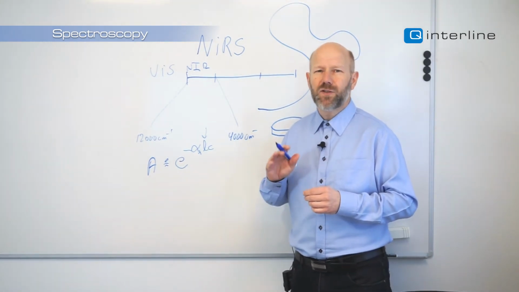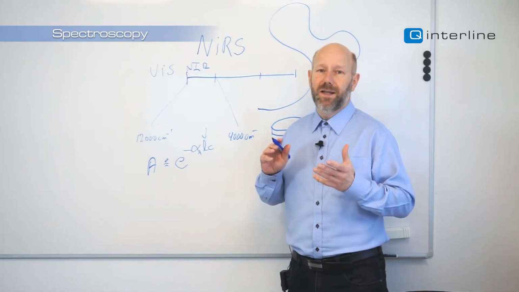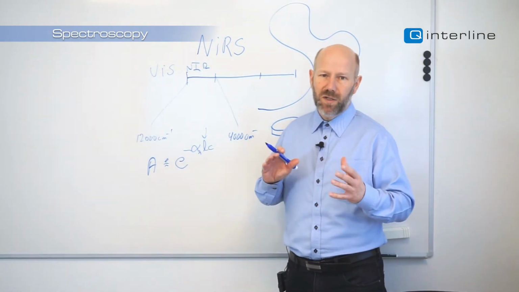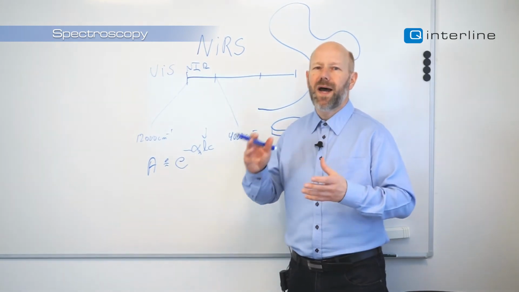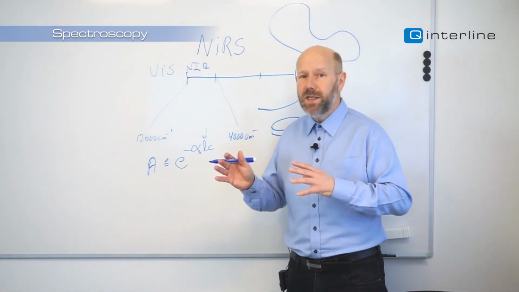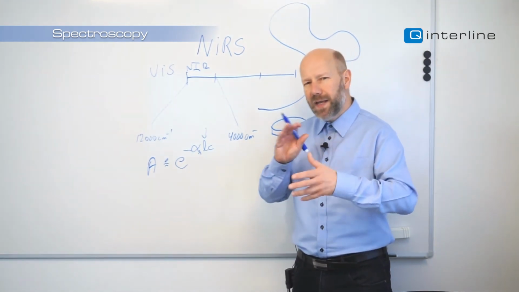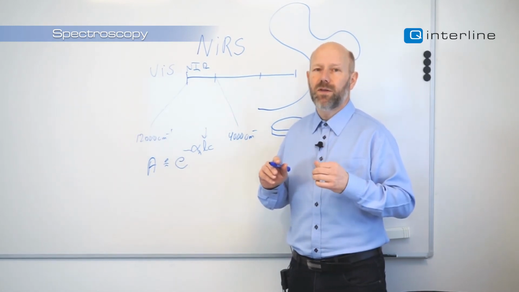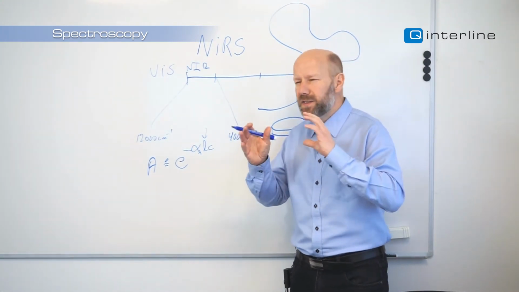Further, we have much brighter sources, so it's easier to make a very, very bright near-infrared source than it is in the mid-infrared. We have much, much higher sensitivity detectors available, and all these things combined make NIR very, very useful for QC, daily operations, whereas the mid-infrared is typically used where you can spend half an hour getting one spectrum, but then you are rewarded with more knowledge on the molecules at hand, in what specific state they are.